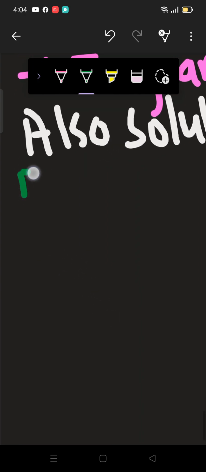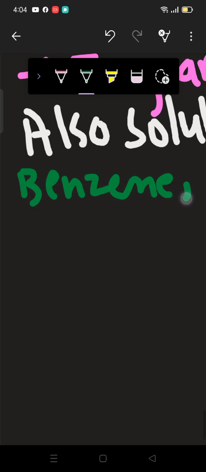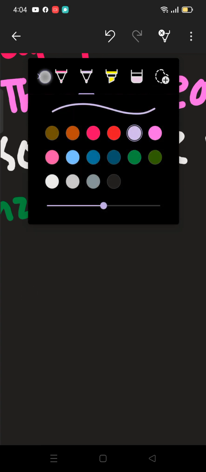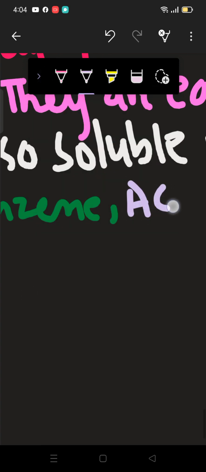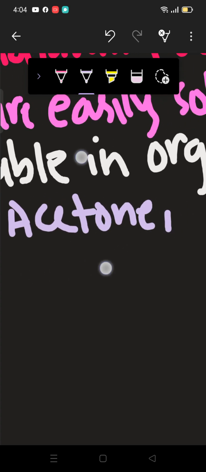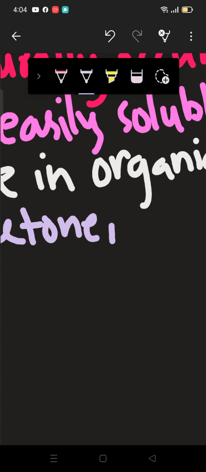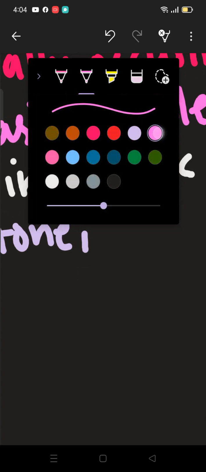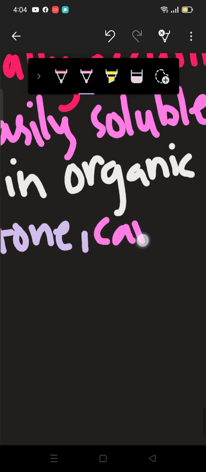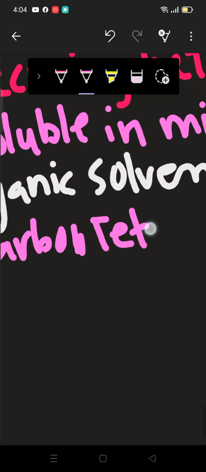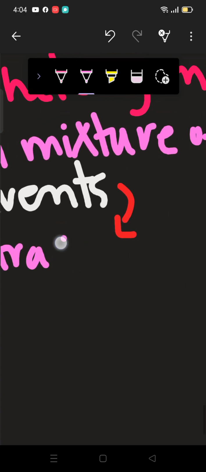Okay, so benzene, acetone. Then we have another organic solvent, which is carbon tetrachloride.